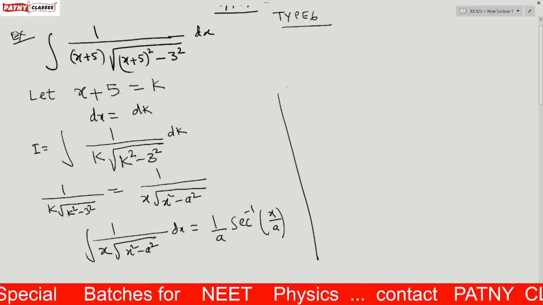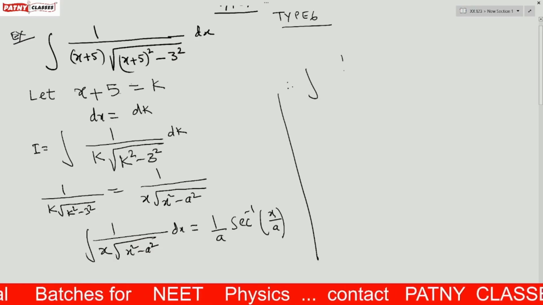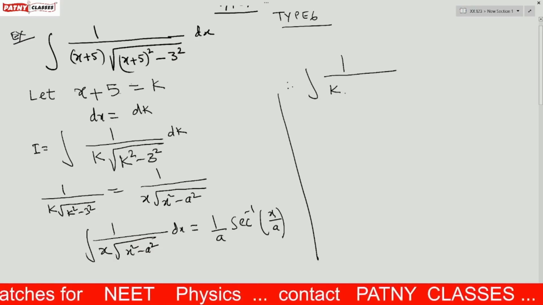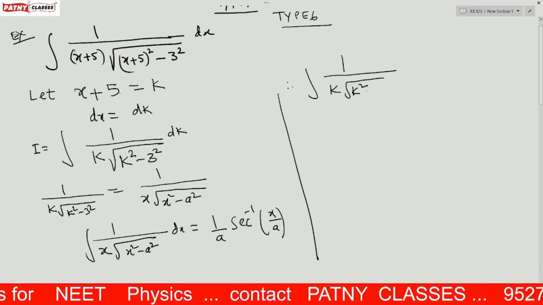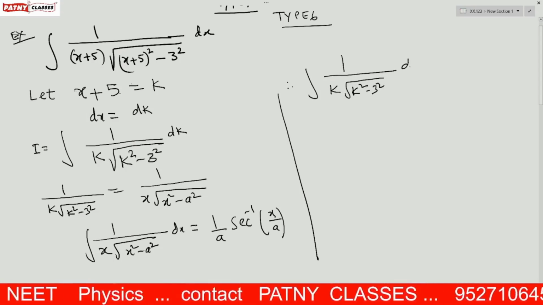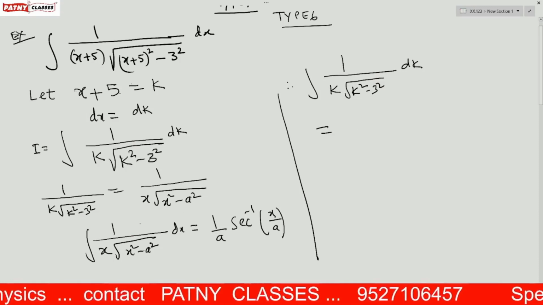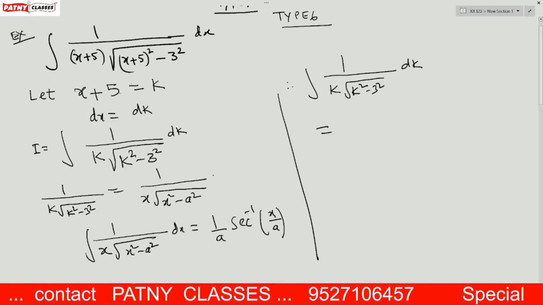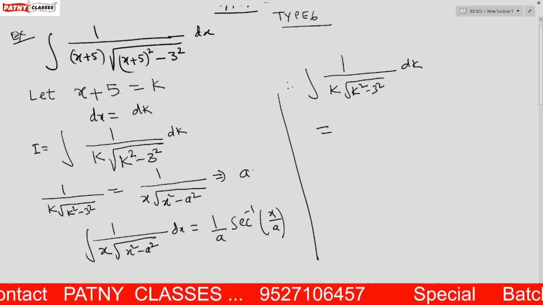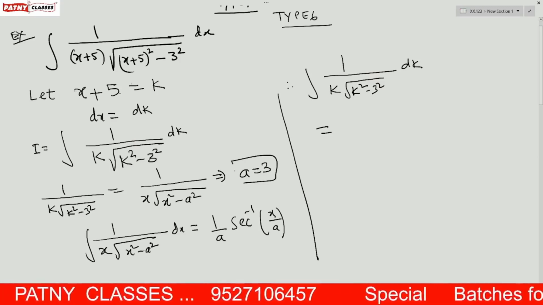Therefore, integration of 1 upon k under root of k square minus 3 square with respect to k equals 1 upon a sec inverse of k upon a. Here when we did the comparison, we had a equals 3.